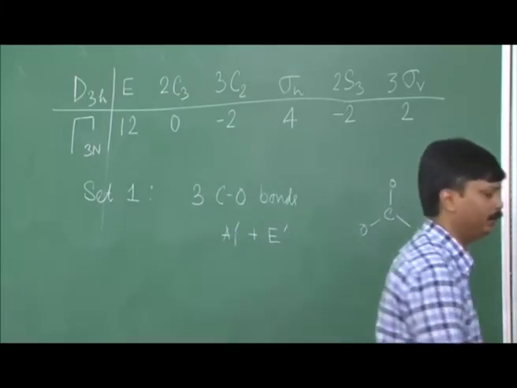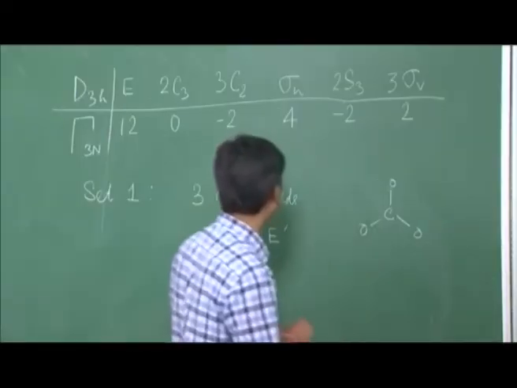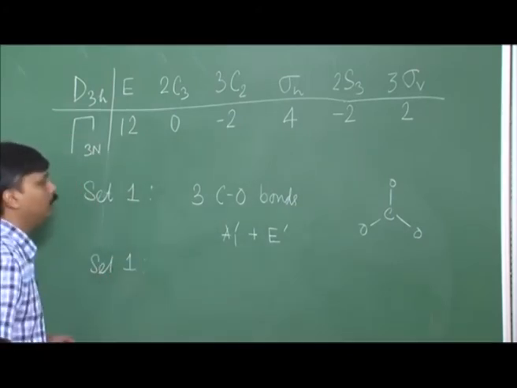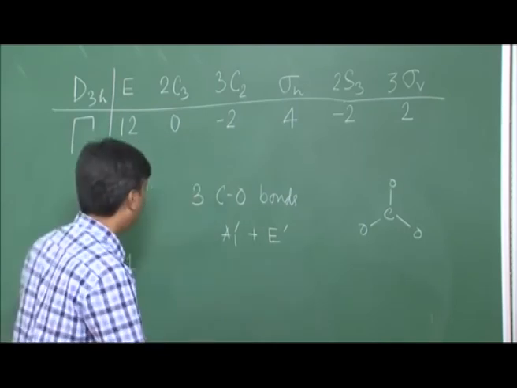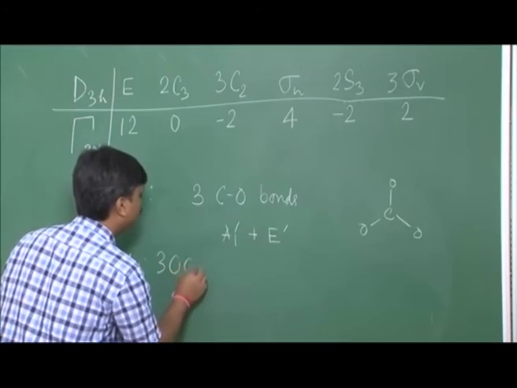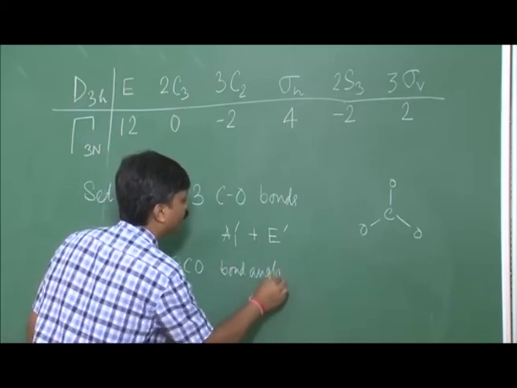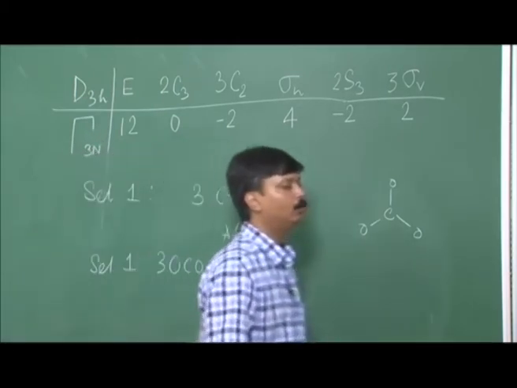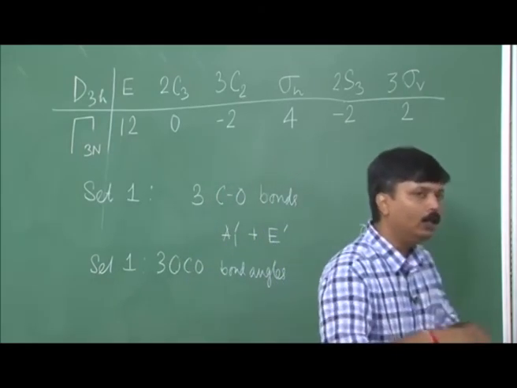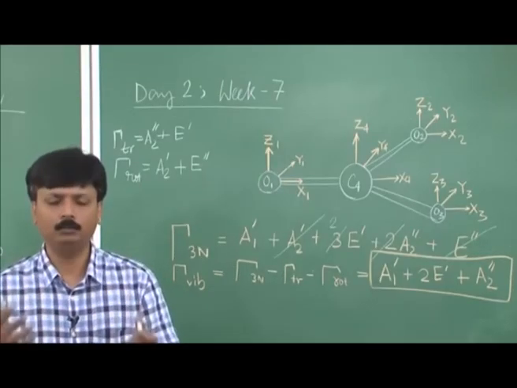So I can say that intuitively, and I can similarly form another set of basis functions. Let's call it set 2, where I consider these 3 OCO bond angles. Now unlike these CO bonds, I cannot have all the 3 angles being expanded in the same way.